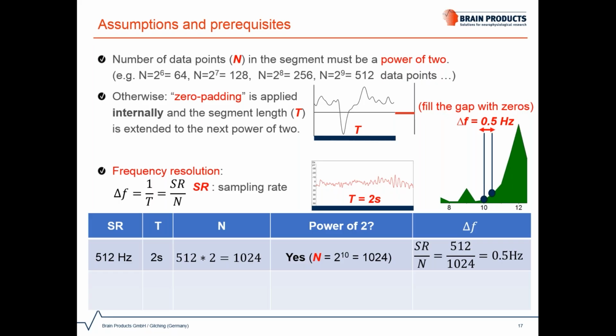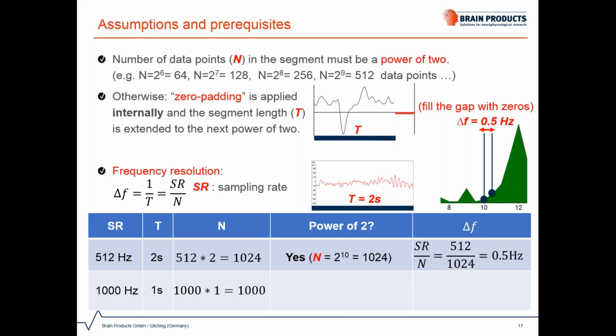Now let's take the second example, which is an EEG data recorded with a sampling rate of 1000 Hz. And let's assume that our goal is to investigate the spectrum with a frequency resolution of 1 Hz. We could think now that the good approach will be to define a segment length of 1 second, meaning that we will have 1000 samples.